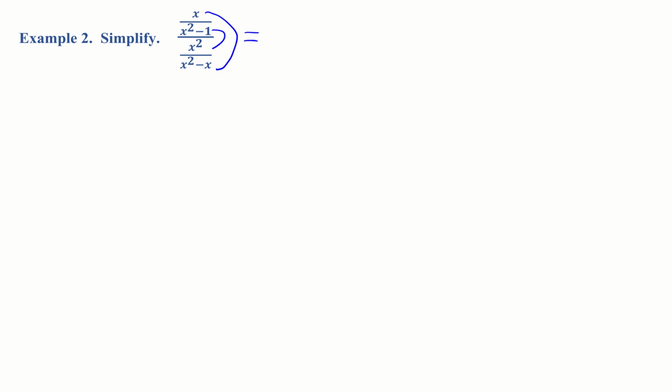So usually we write the part that has only one term in it first, makes it easier. So we get x times x squared minus x. Here we're going to get x squared minus 1 times x squared. Again, it's easier to write the monomial first, so we'll have x squared times x squared minus 1.